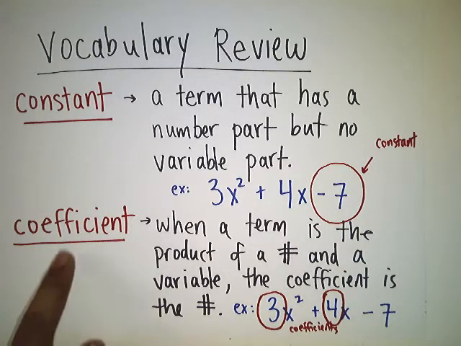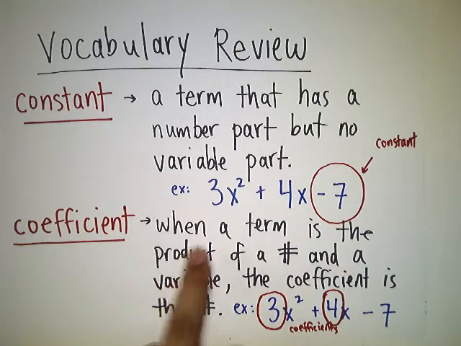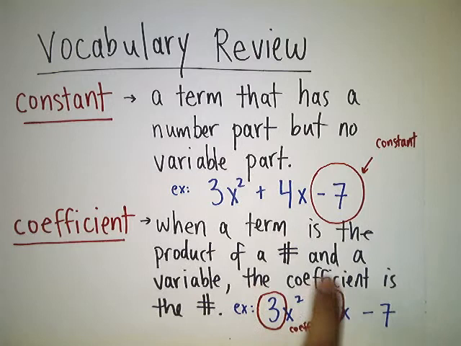A coefficient is when a term is the product of a number and a variable. The coefficient is the number part. In the example here, same polynomial, 3x squared plus 4x minus 7, the number parts of the terms that have variables are 3 and 4. Those are the coefficients.